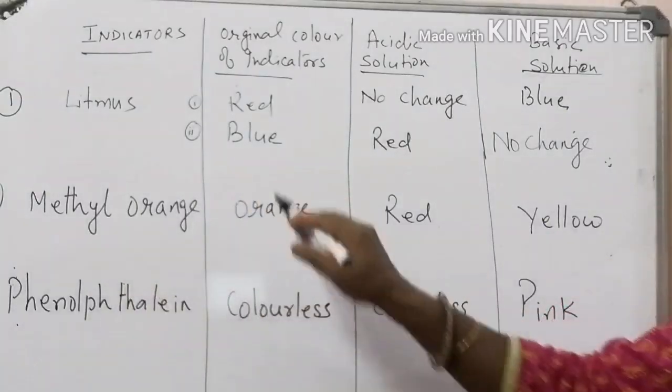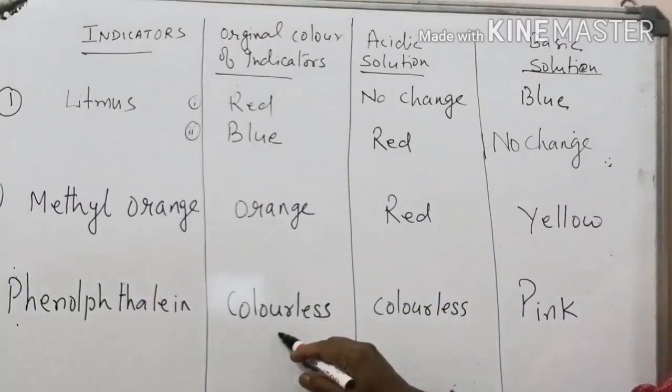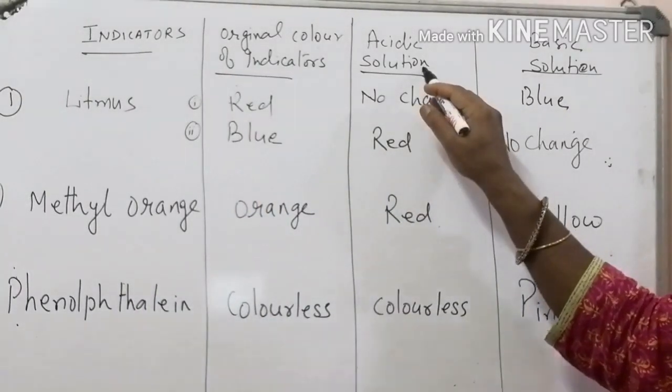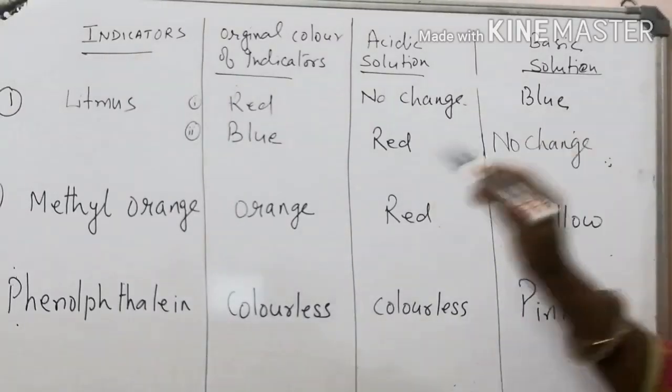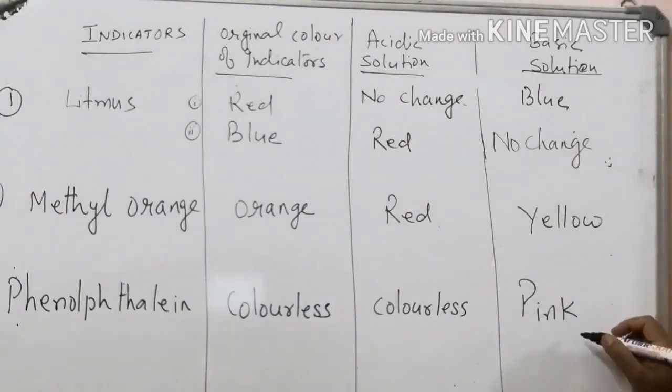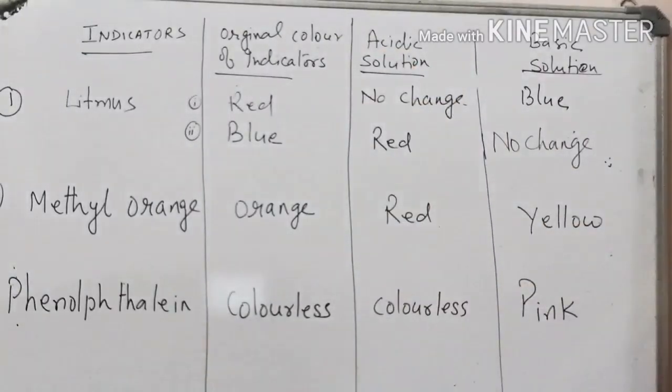The original color of phenolphthalein is colorless. In acidic solution, it remains colorless, whereas in basic solution, it changes from colorless to pink. So these are some important indicators which we generally use in our chemistry lab.